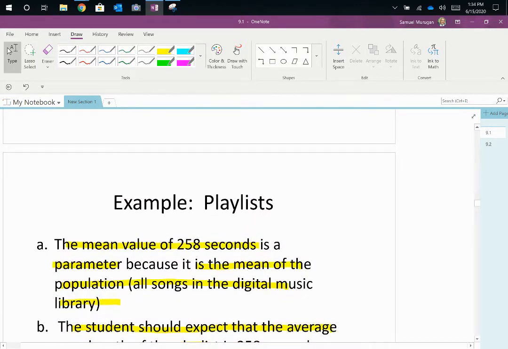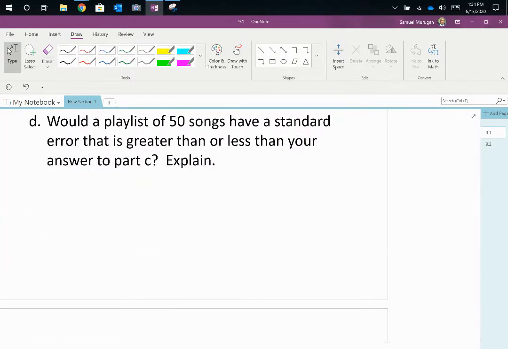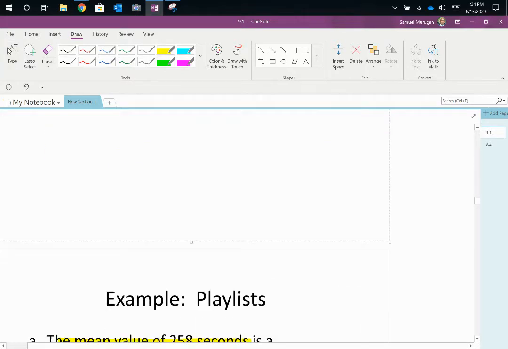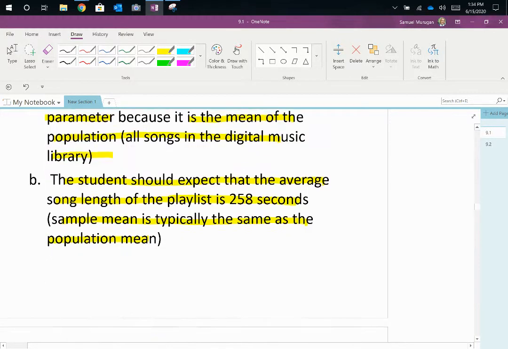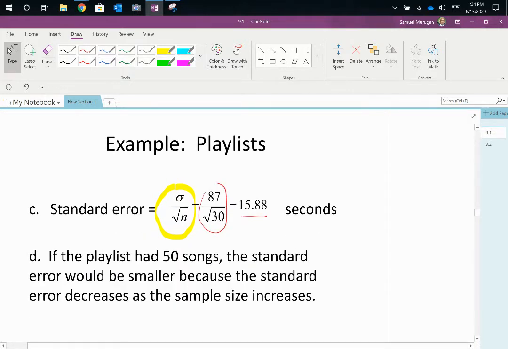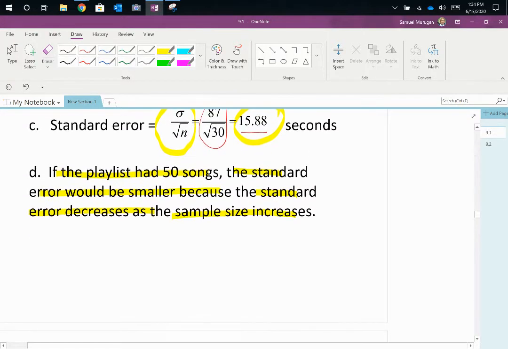Now, the last question is asking us, would a playlist of 50 songs have a standard error that is greater than or less than your answer to part C? So if you increase the sample size, think about what happens. If the playlist had 50 songs, the standard error would become smaller because the standard error decreases as the sample size increases. In other words, that number would be lower than 15.88.